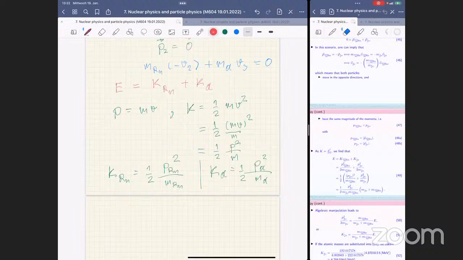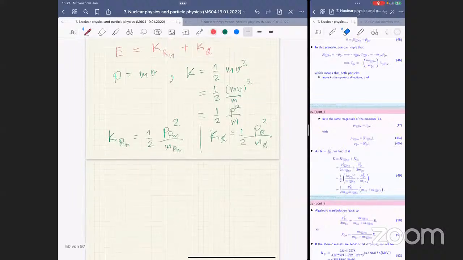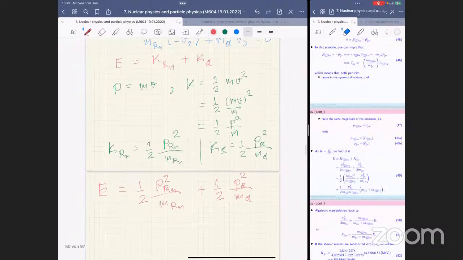Now we have the equation in terms of momentum: E is equal to 1/2 the momentum of radon squared divided by the mass of radon plus 1/2 the momentum of alpha squared divided by the mass of alpha.